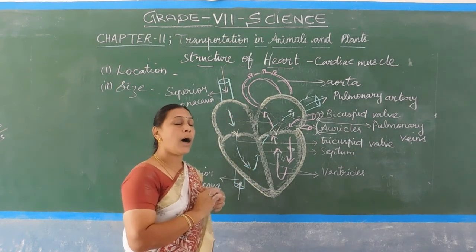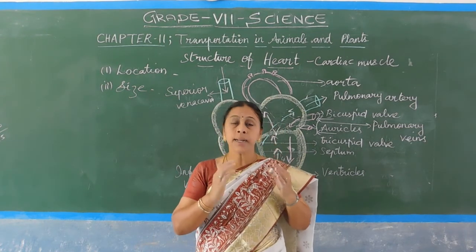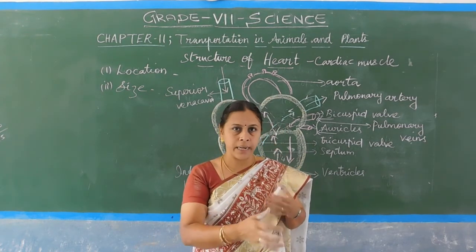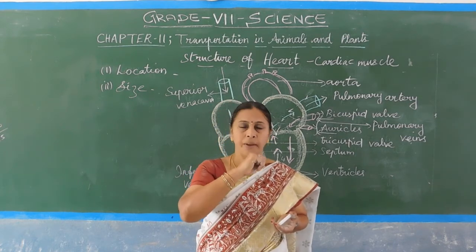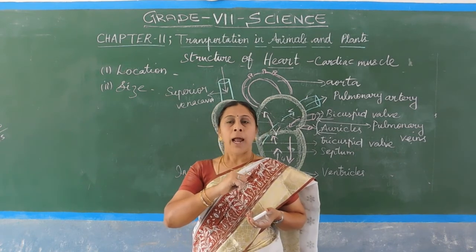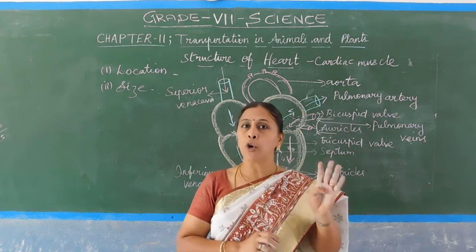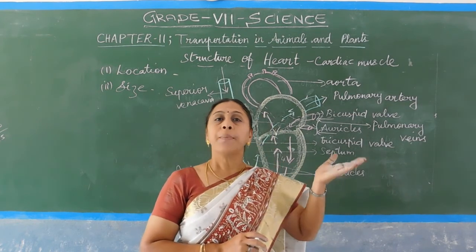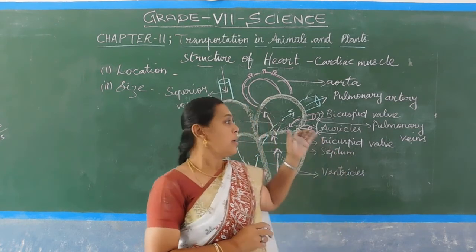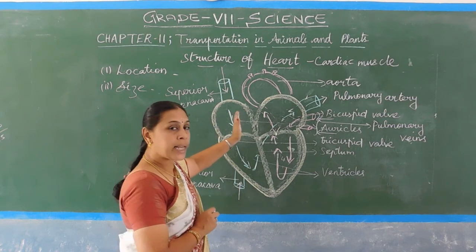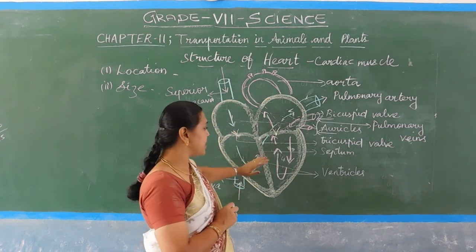So, the heart is located in the chest cavity, in the center and slightly tilted towards the left. And the size of the heart is the size of the fist. Coming to the internal structure of the heart, it is divided into 4 chambers, called auricles and ventricles: left auricle, right ventricle, and so on.